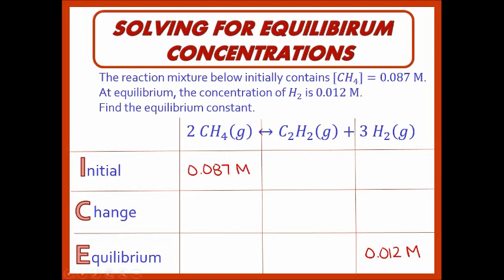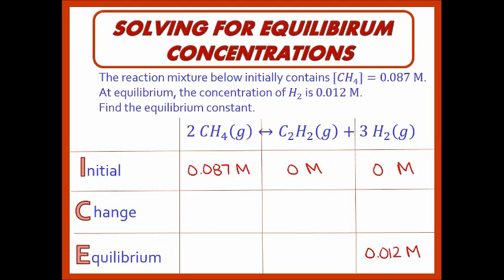So we're going to utilize our ICE chart in order to calculate the equilibrium concentrations of all the components. We also know the initial concentrations of C2H2 and H2 because these are our products, so initially, before the reaction has begun, those concentrations are going to be 0 unless otherwise stated in the problem.